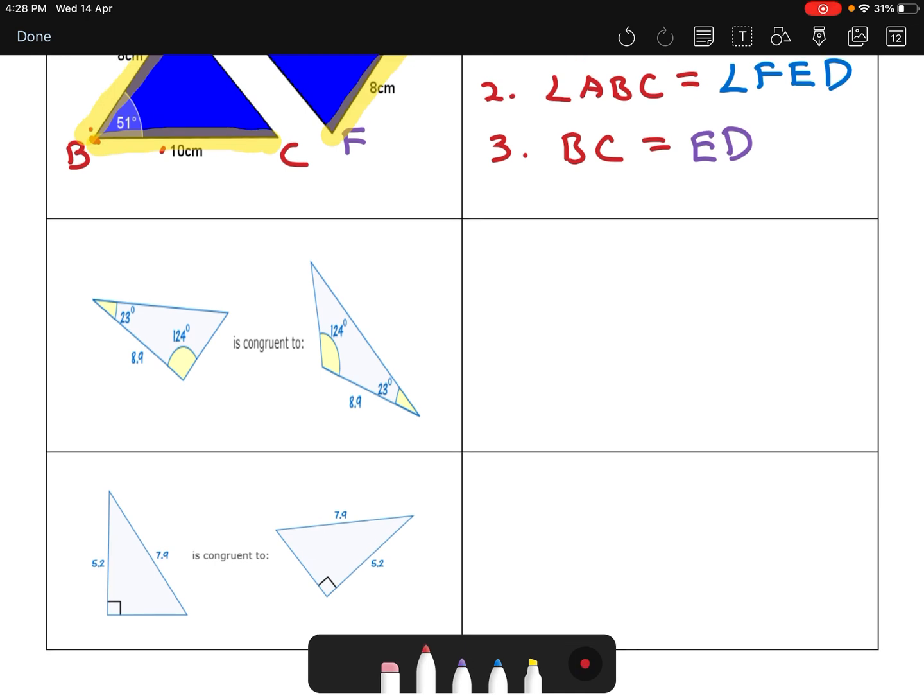Let's go to the third test. You can see that these two triangles don't look the same size, but they are the same size, due to the drawing. We are given two angles and one length.